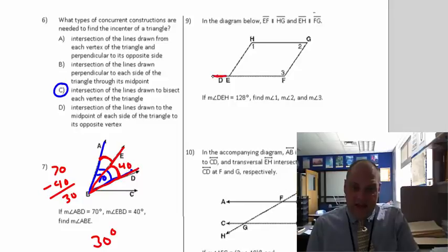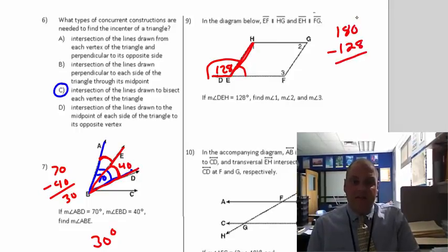DEH, that's the exterior angle, is 128. Remember, the exterior with the interior, that is a linear pair. Look at that. You got 180 right here. So 180 minus 128 is 52. All right. So this angle inside here, this angle right here is 52. Parallelograms have opposite angles equal, so this must also be 52.